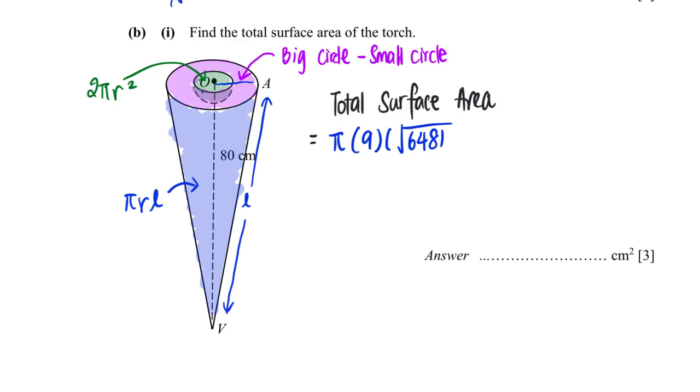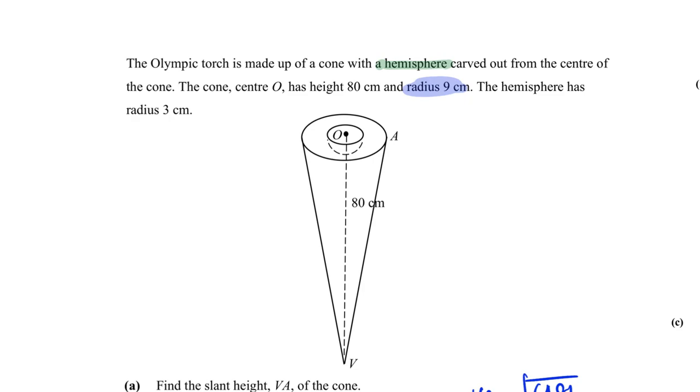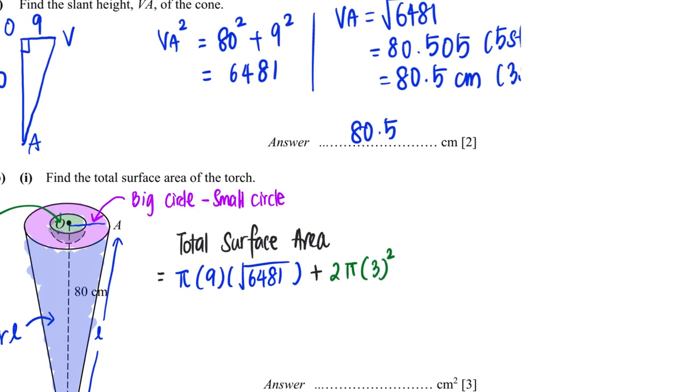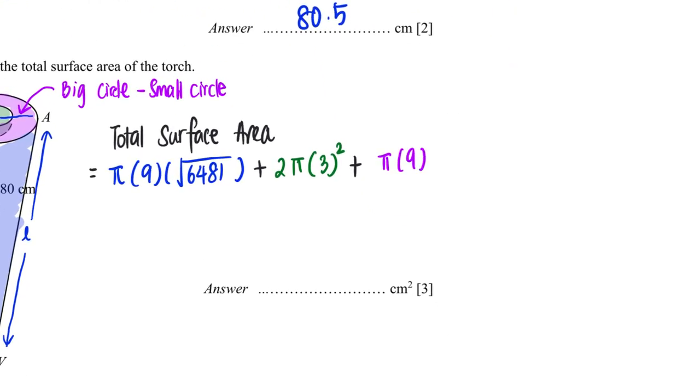This will ensure that my pi rl is accurate, plus my 2 pi r square, but this r happens to be the radius of the hemisphere, 3 cm, plus my big circle, pi 9 square, minus my small circle, pi 3 square.